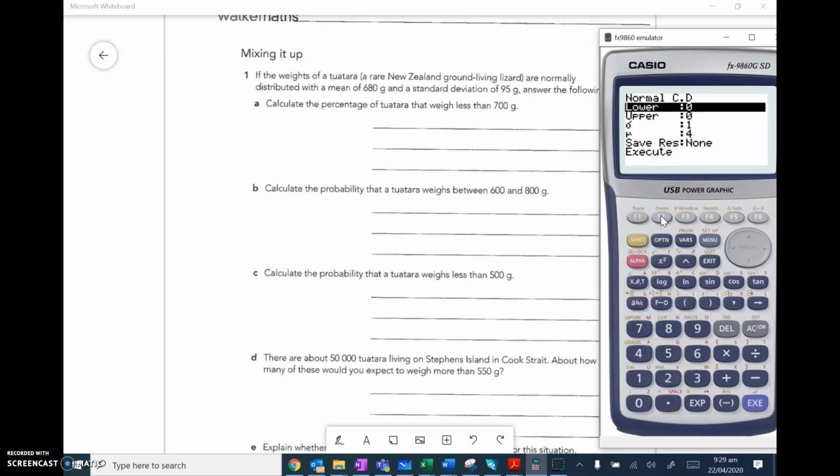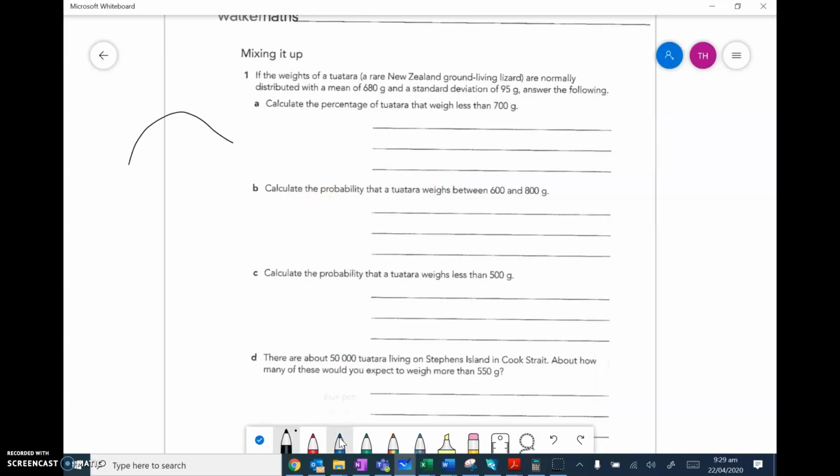Now it says calculate percentage of tuatara that are less than 700 grams. Now that means I need, if I draw a diagram, my mean is 680, and I want the percentage that weigh less than 700 grams.